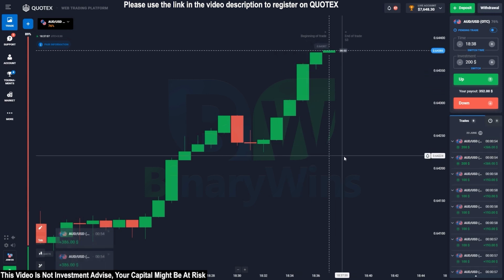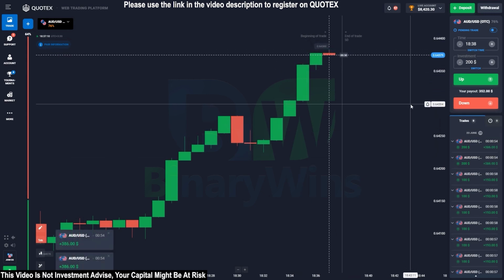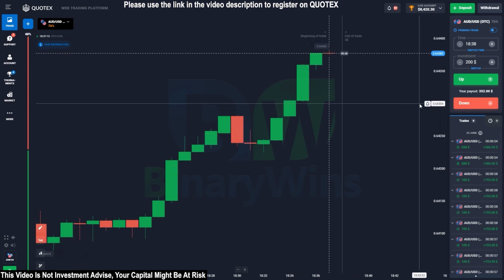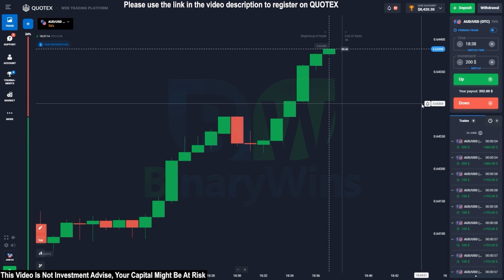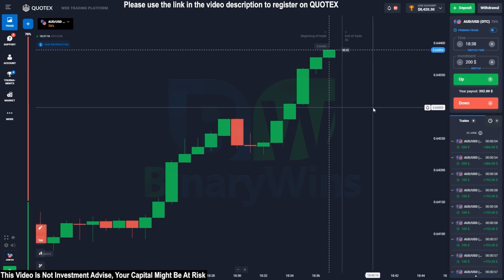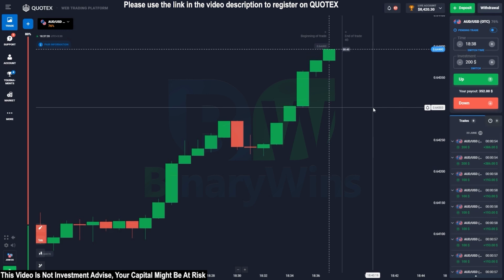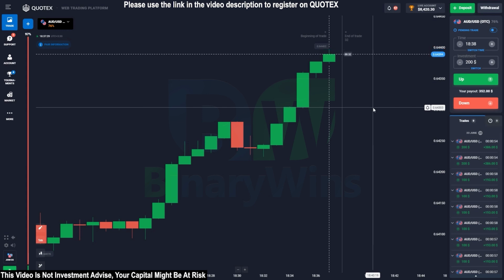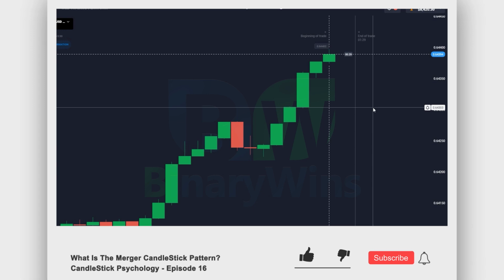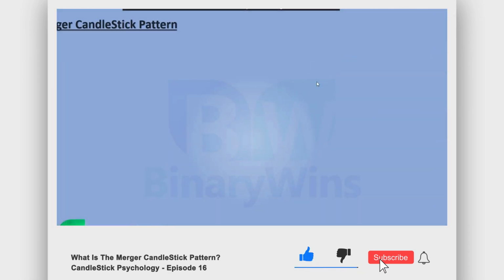The pattern that I'm going to talk about has similarities with the 7 candles pattern, but it also has important differences. This candlestick pattern has some simple rules that you can easily identify on the chart and trade with. But what is the name of this pattern and how should you trade using it?